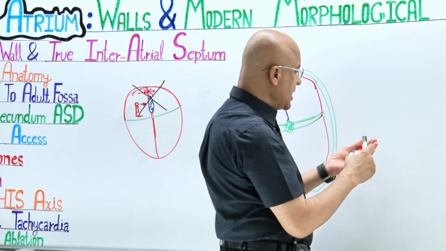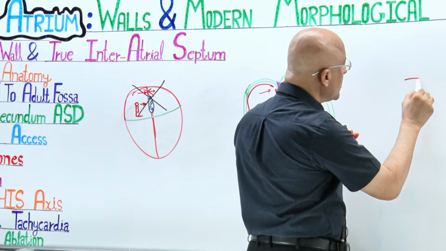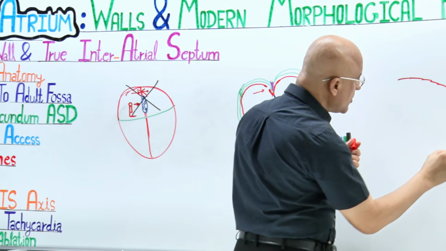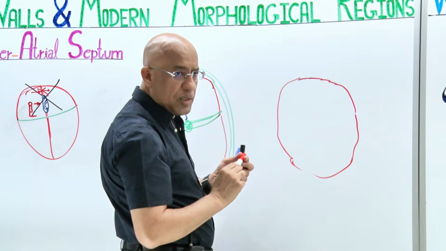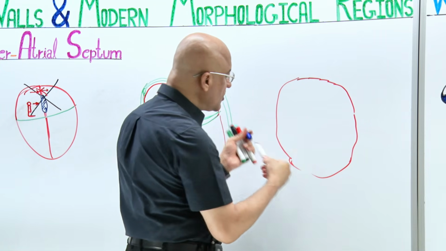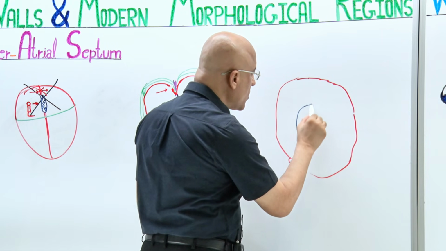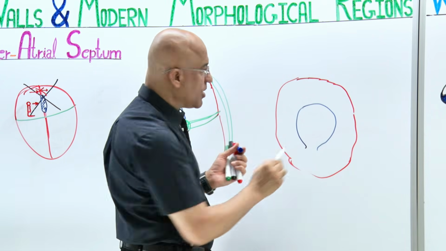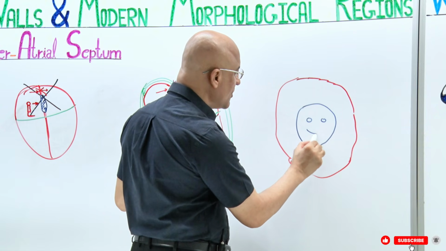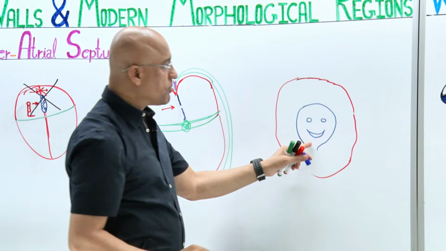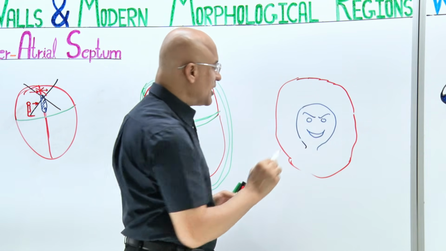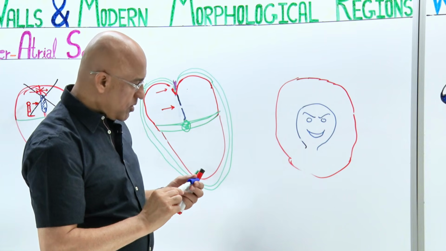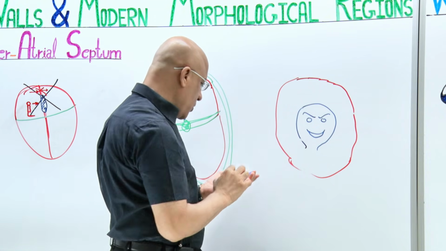Let's suppose that this is the medial wall, and in this here is fossa ovalis. Yeah, it is smiling. So the concept of this should be clear for any person who is trying to learn cardiology in a good way. Fossa ovalis, this is the floor.